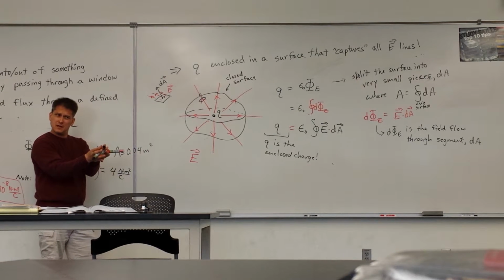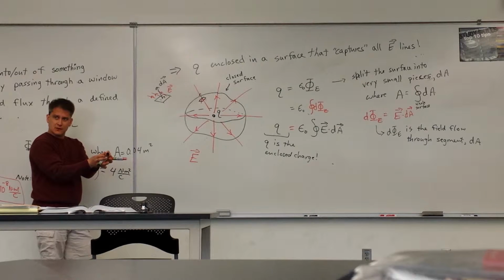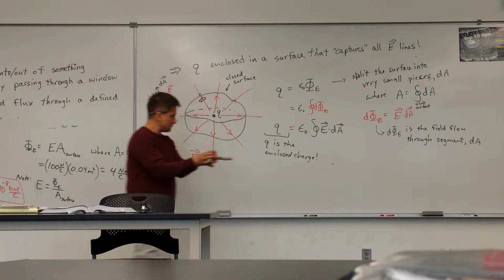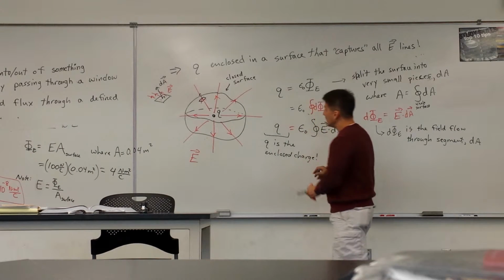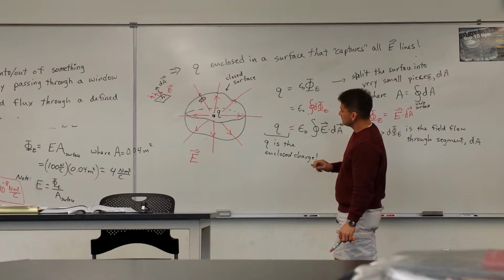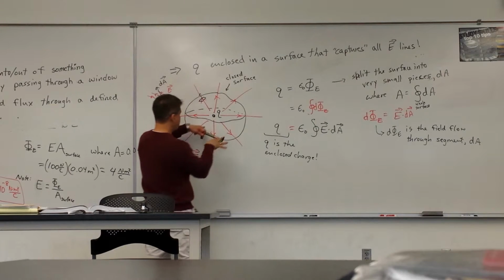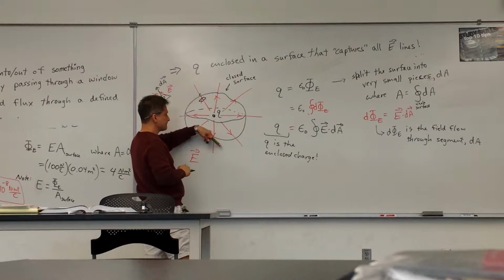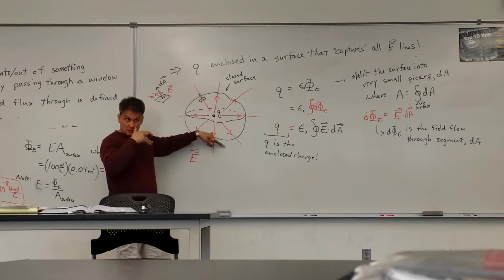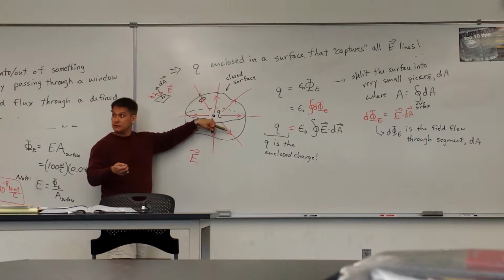Does that make sense? It's important that makes sense, because if it doesn't, then we have other concerns. So, this is the idea. What does it mean? Again, charge is a source of flux.